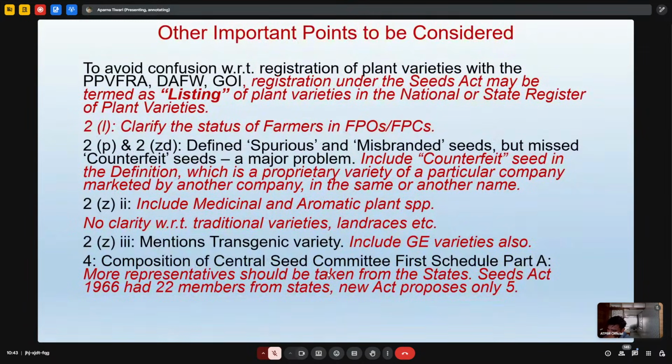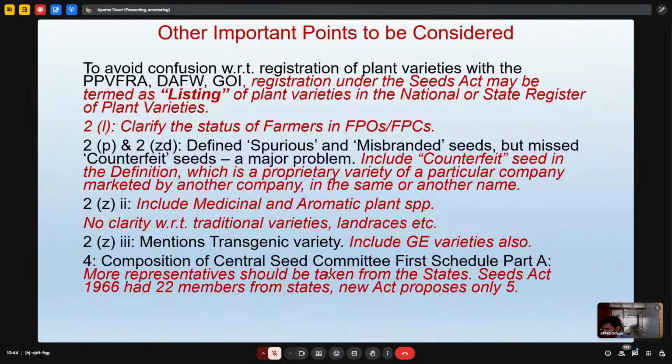Now, there was a lot of discussion in our consultations that there is going to be a lot of confusion about what registration means, because varieties are also registered under PPVFR. These are notified, and gazette notification is made by the Department of Agriculture and Farmer Welfare. Now, I propose that instead of registration under this act, we may call it listing, as it is practiced in the US and also in some countries in the EU.